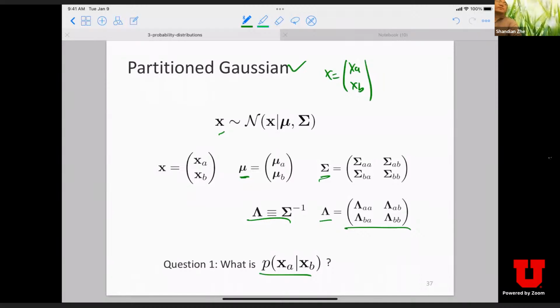Will anyone tell me what kind of distribution this conditional will be? Anyone give me a guess?